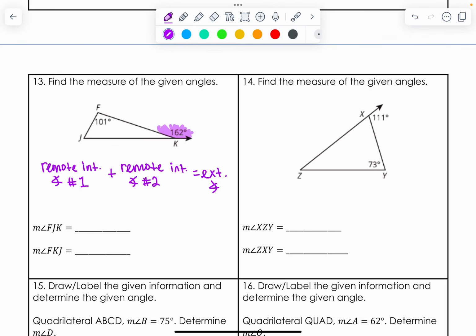So basically 101 degrees plus something is going to give us 162 degrees. You could just do simple subtraction, or you could write an equation and solve it that way. And we should be good to go.